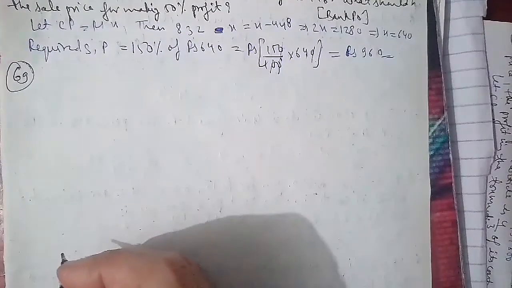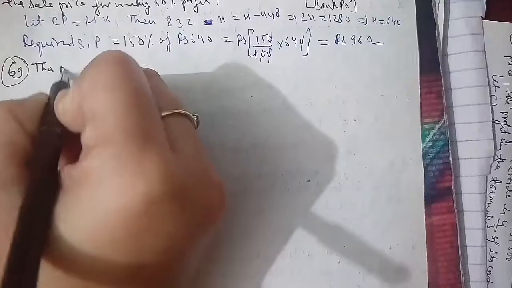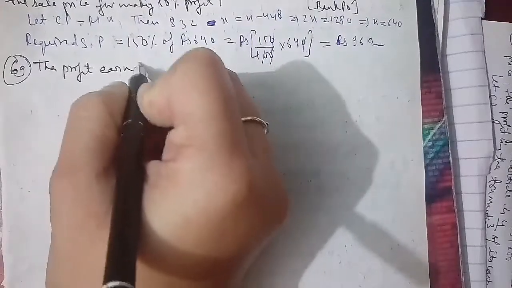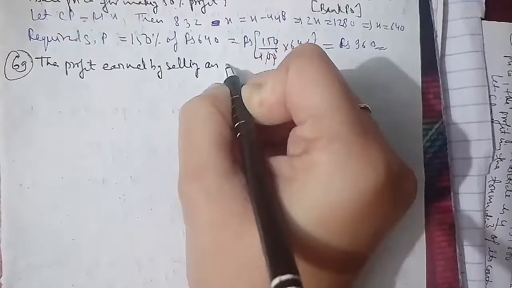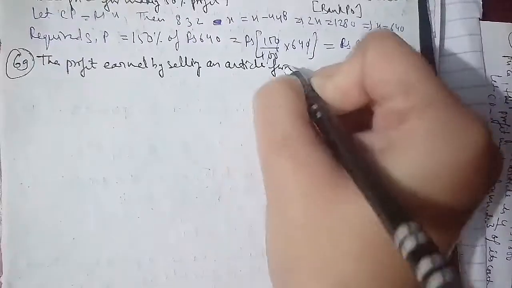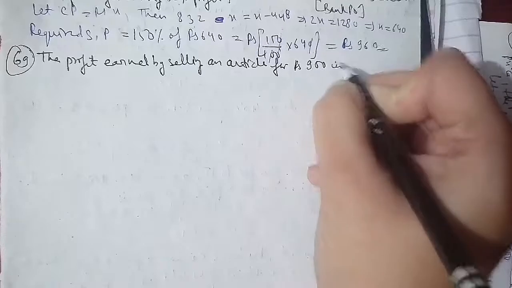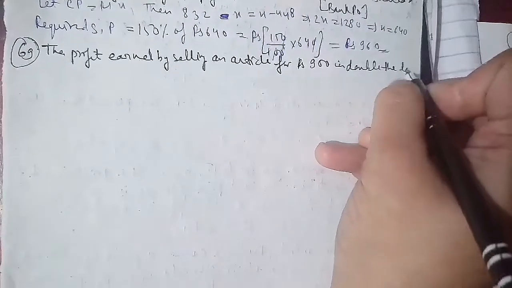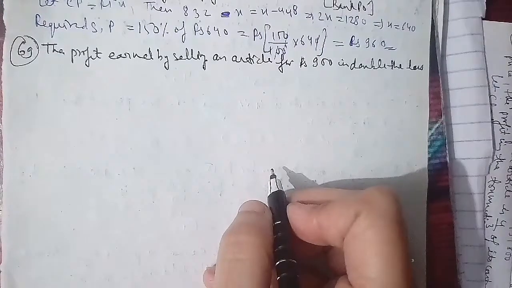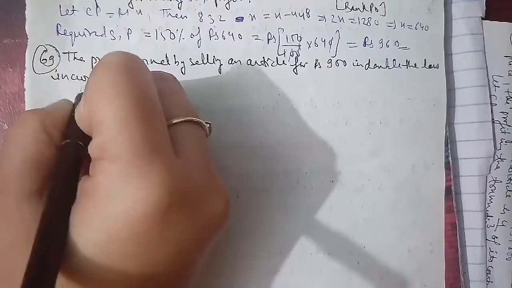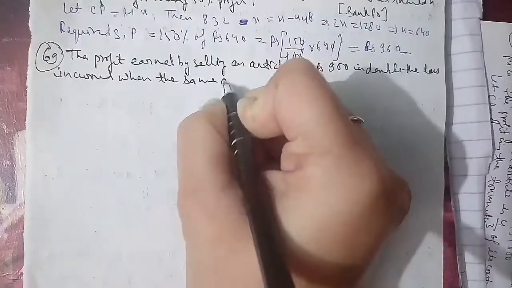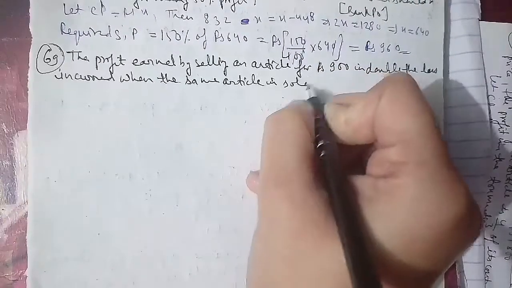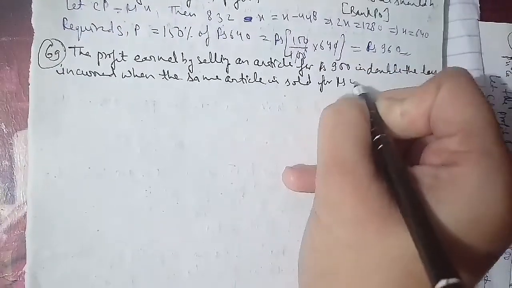So here we have the profit earned by selling an article for rupees 900 is double the loss incurred when the same article is sold for rupees 450.